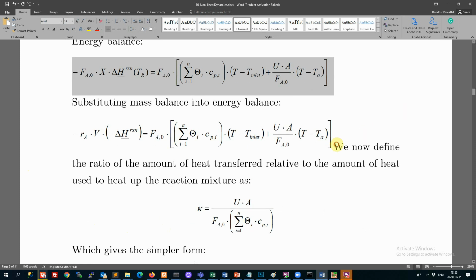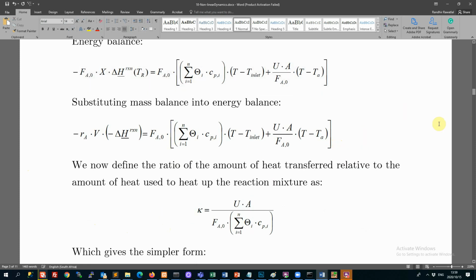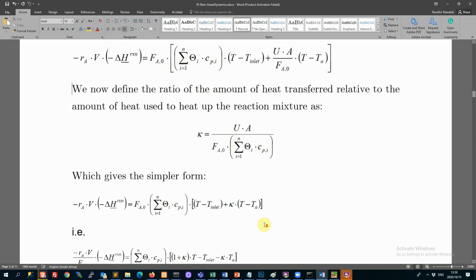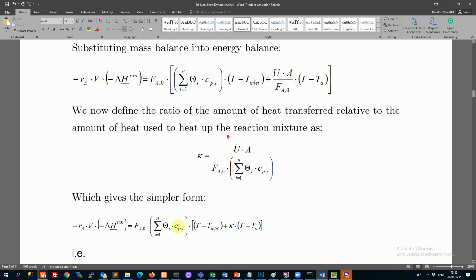And then just for the sake of convenience, we go ahead and define this kappa as UA over FA naught sum theta I CPI. So you can see here, if you group this out as a factor, you're going to get UA over sum theta I CPI. And so that's what we do here. We just group out this part.